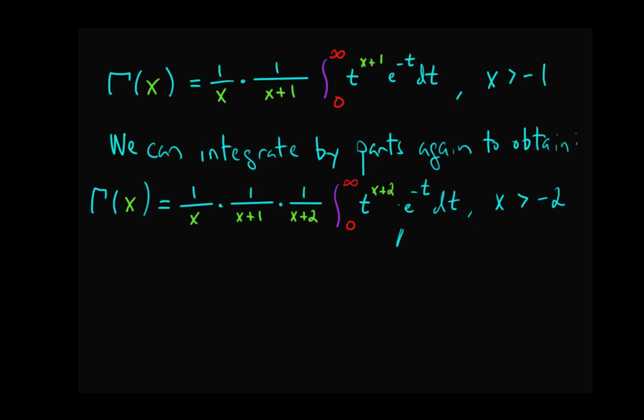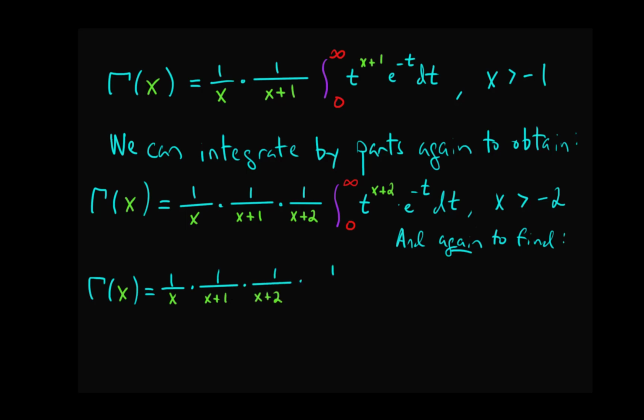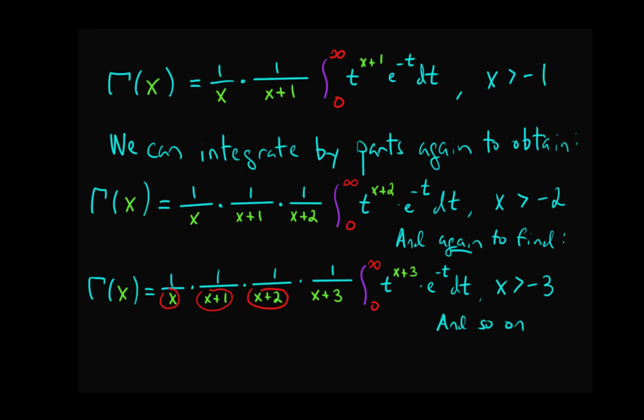And again, there's nothing to stop us from doing yet another integration by parts. And if we did that, we would find that gamma of x equals 1 over x times 1 over x plus 1 times 1 over x plus 2 times 1 over x plus 3 times the integral from infinity to 0 of t to the x plus 3 times e to the negative t dt, valid for x greater than negative 3, excluding x equals 0, x equals negative 1, x equals negative 2, and x equals negative 3.